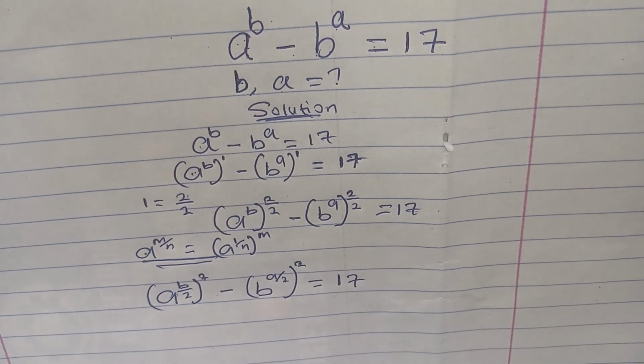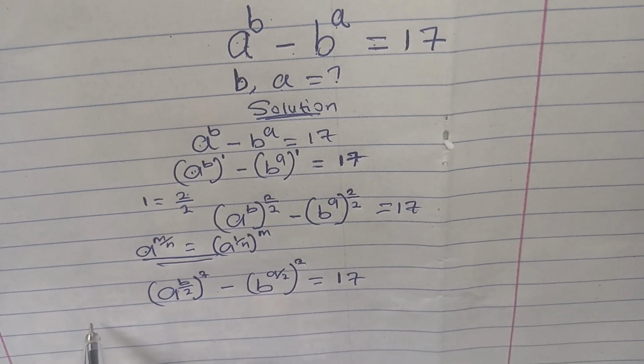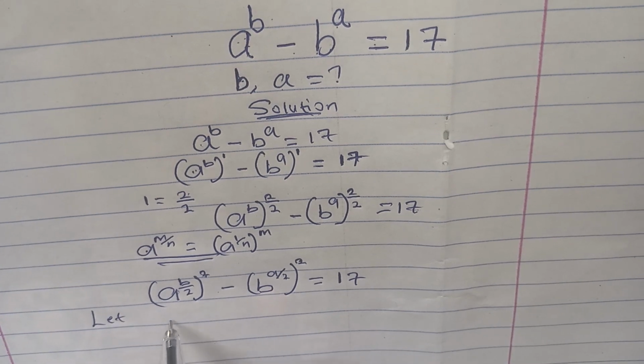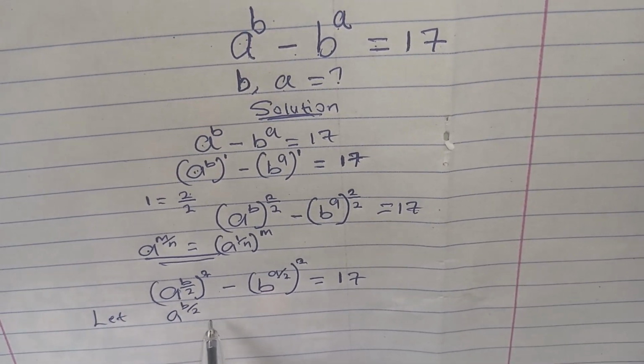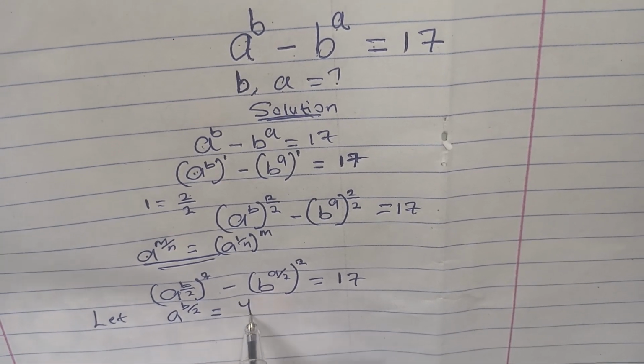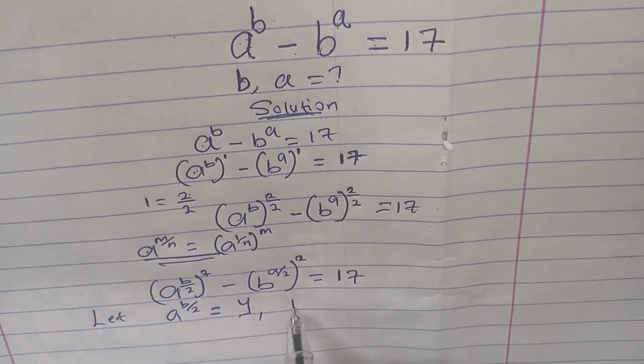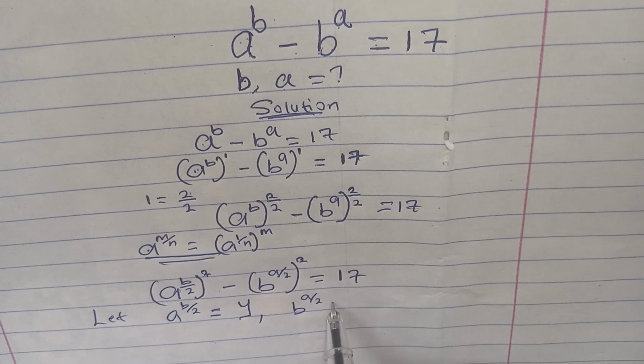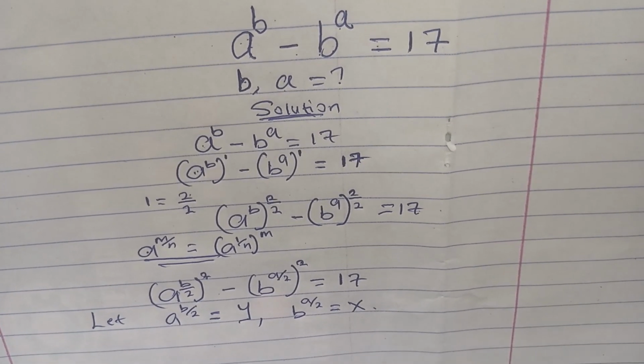Okay, now what then is our next step? We say let a to the power of b over 2 equal y, and b to the power of a over 2 equal x.